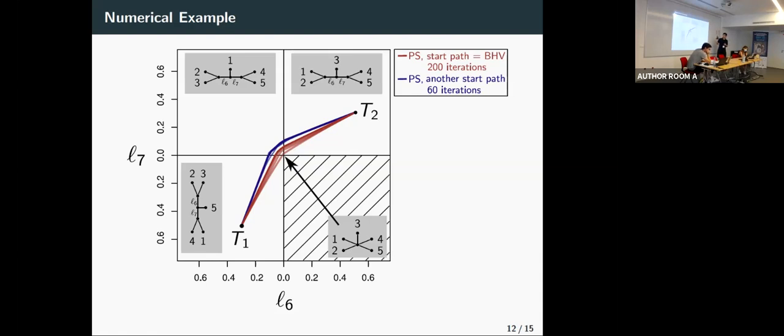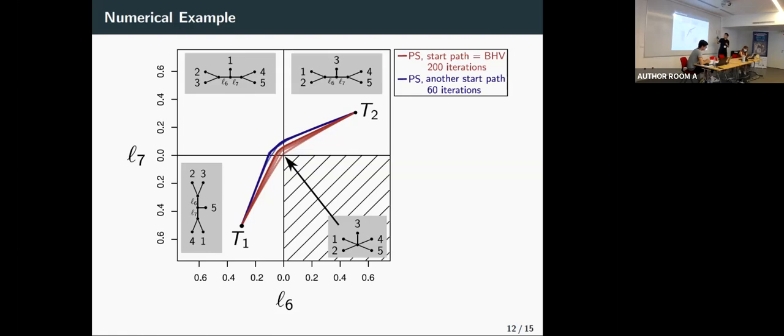So we start with this BHV geodesic, where the geodesic is actually going through the cone point, and it actually diverges away from this cone path to some dark red path, which looks quite smooth, and somehow converges maybe to the other path here, to this blue path.